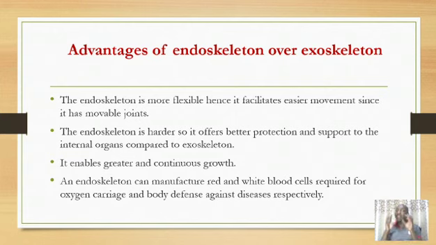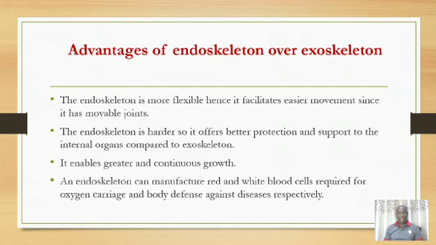Why? Because the exoskeleton does not allow continuous growth. But the endo, its advantage is it allows greater and continuous growth. That is why you're able to grow continuously without any molting, because you have the endoskeleton, an advantage over the exoskeleton.